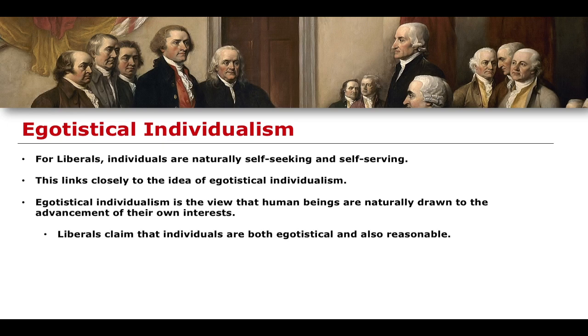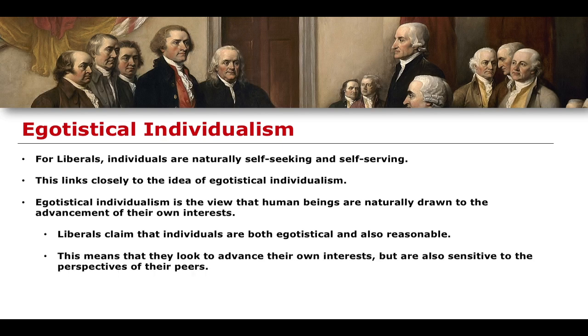Connecting this with rationality, we get conclusions which allow us to see the advancement of our own interests as human beings, but it is also an understanding of classical liberals that humans are sensitive to the perspectives, ideas, and needs of their peers.